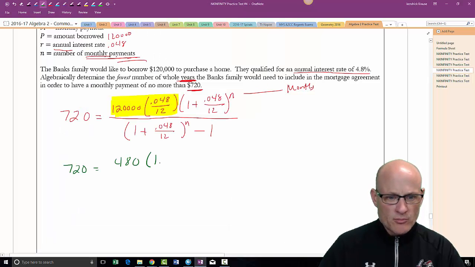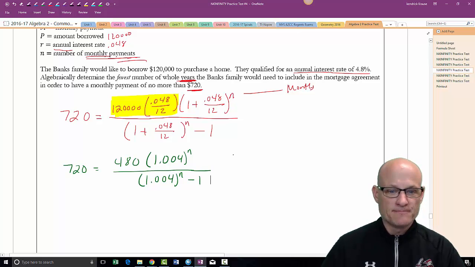So 1.004 to the n, all over 1.004 to the n minus 1. Whew. All right, we're getting there.